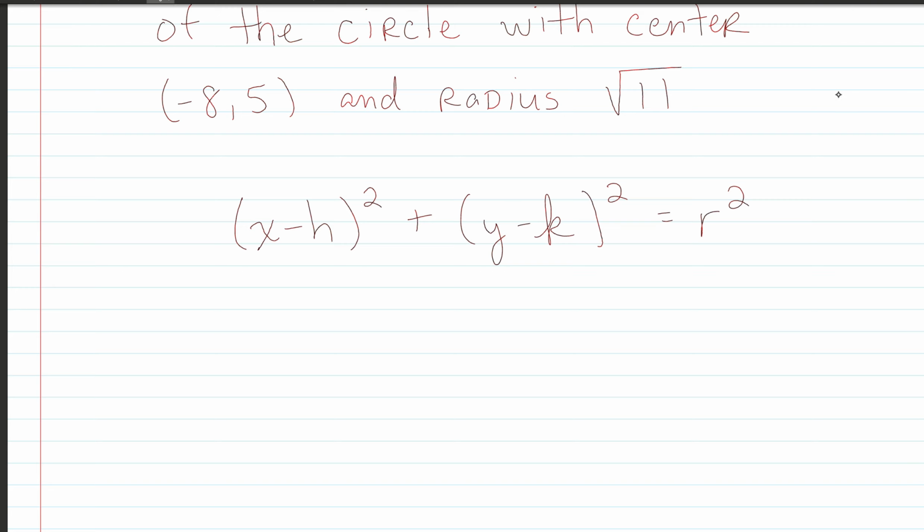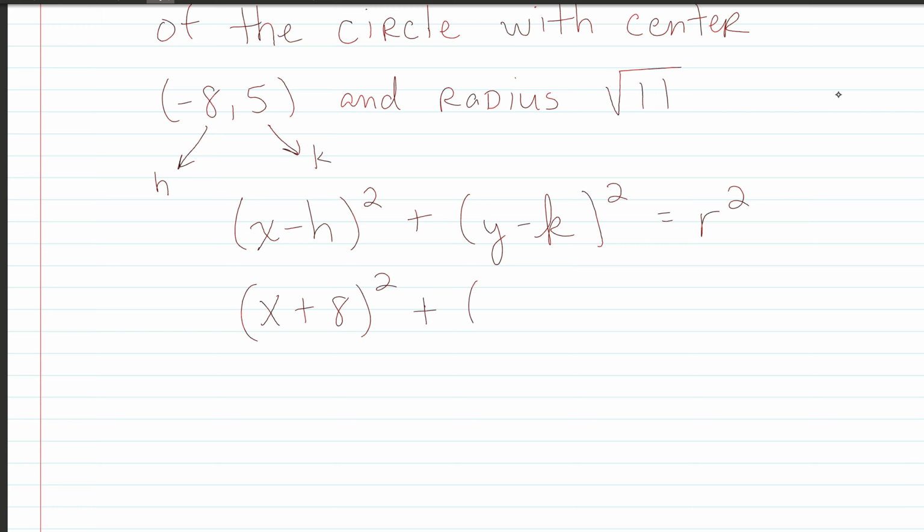So this value, negative 8, is our h and 5 is our k, but remember I said that we need to use the opposite. If we were to plug in this negative 8, x minus a negative 8 gets us x plus 8, because a negative and a negative makes a positive 8, squared.